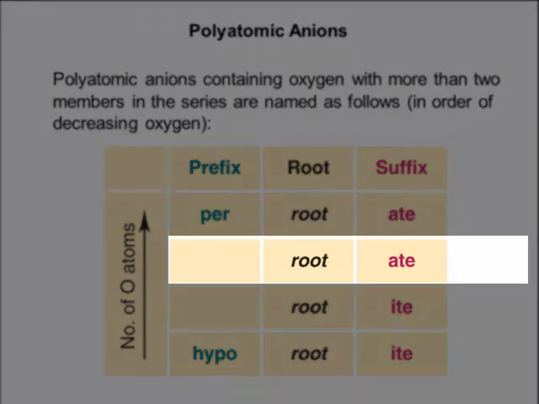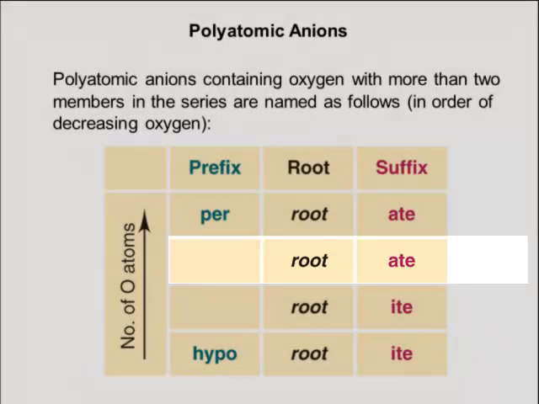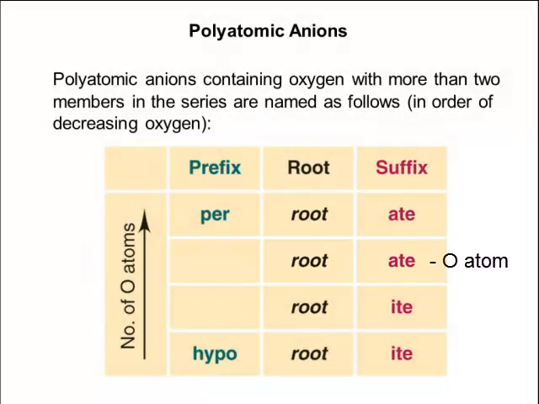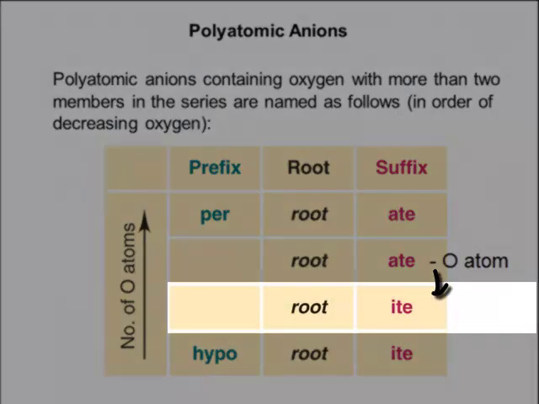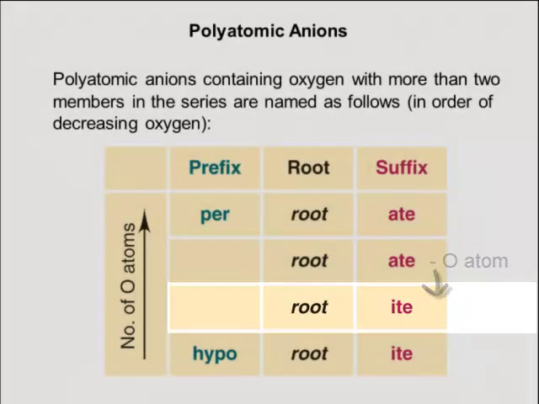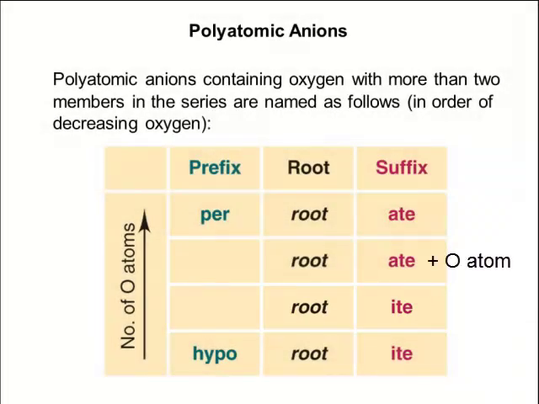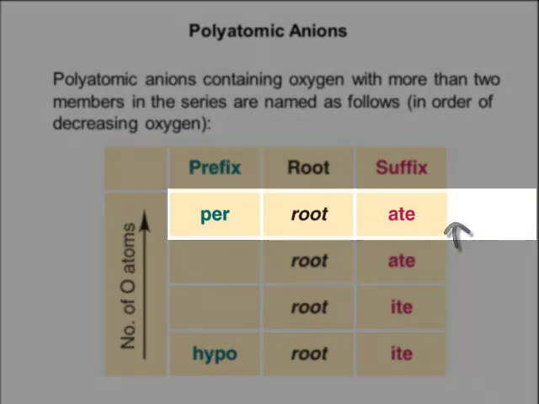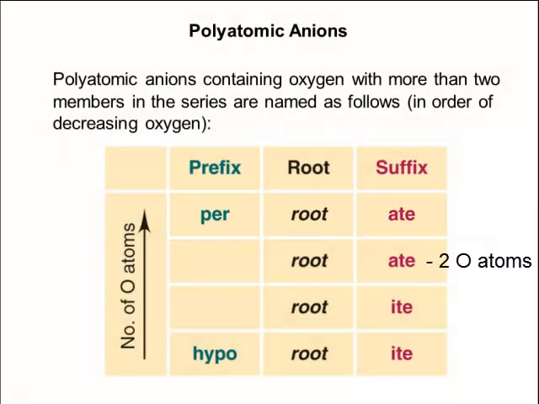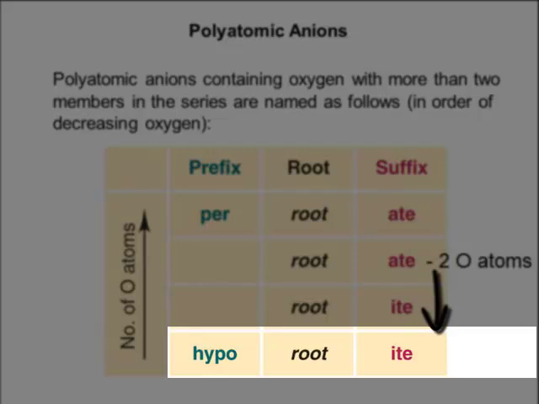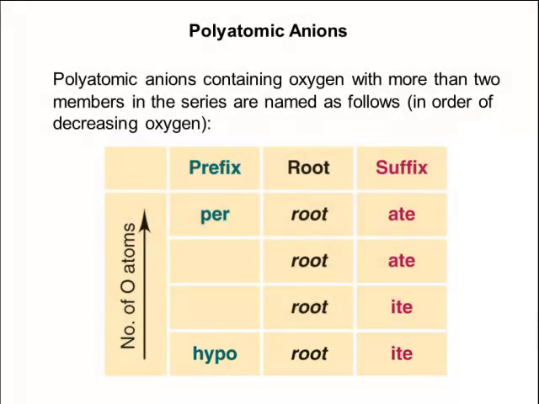If you have that one memorized and you know the formula and the name for that, if you remove an oxygen from that -ate form, you go to the -ite form. If you add an oxygen to the total number of oxygens in the formula but keep the same charge, you go to the per-ate form. If you remove 2 oxygens from that -ate form, you go to the hypo-ite form. All right, so I know that's confusing. That's why I'm going to show you an example right now.